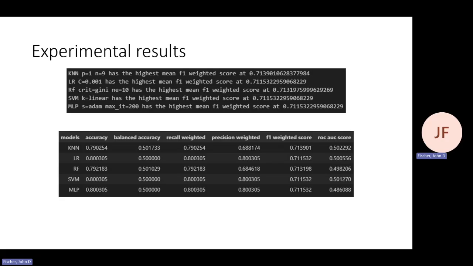And so here are the results. On the top is the result of the elimination. So you can see which models' hyperparameters were the best. Like in the random forest model, the Gini criterion and the 10 n_estimators hyperparameters were the best ones, and they had the highest mean F1 weighted score at 0.7131.